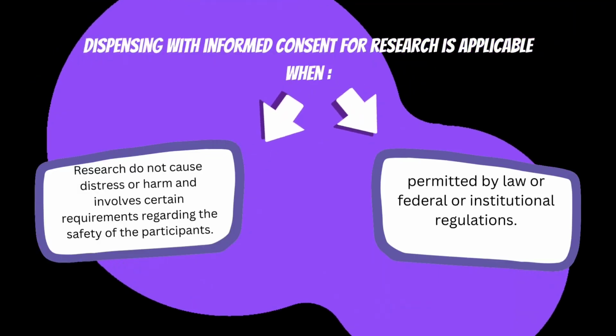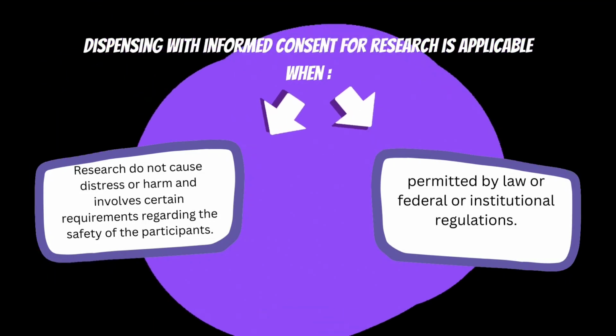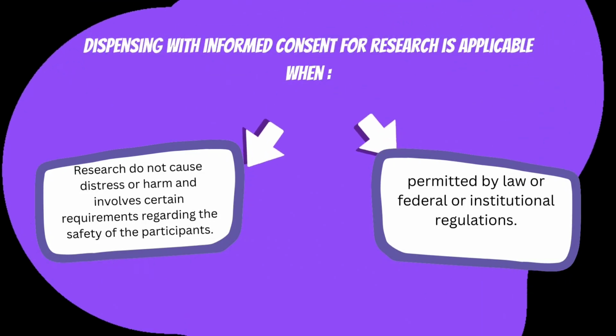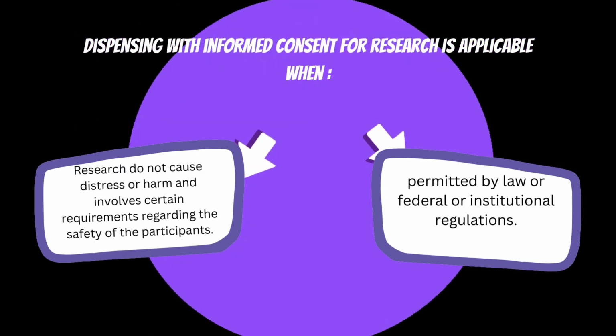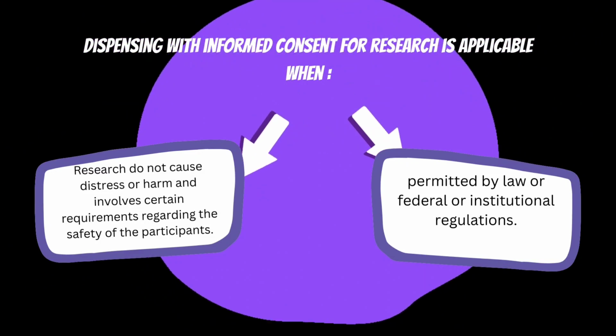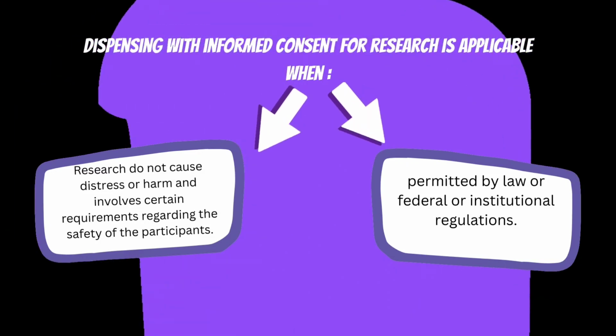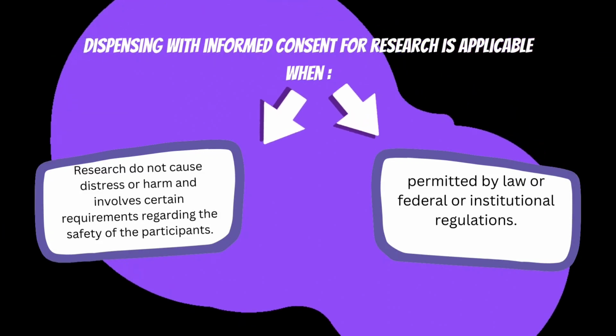Yet, there are some circumstances in which dispensing with informed consent is applicable, such as when research does not cause distress or harm and meets certain requirements regarding the safety of the participants. Besides, it is also practiced when permitted by law or federal or institutional regulations.